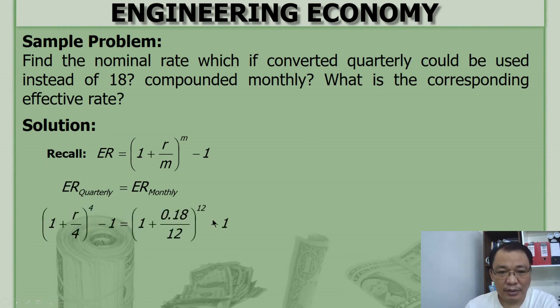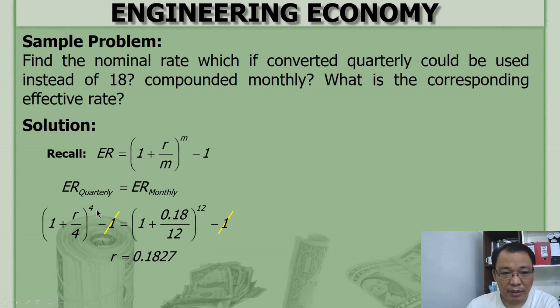So this one is the nominal rate compounded quarterly, 1 plus R over 4 raised to 4. Because it's only 1 year, so 4 times 1. And then this one, 0.18 compounded monthly, over 12 raised to 12. So the 1 cancels, then use your calculator. 1 plus 0.18 over 12 raised to 12.